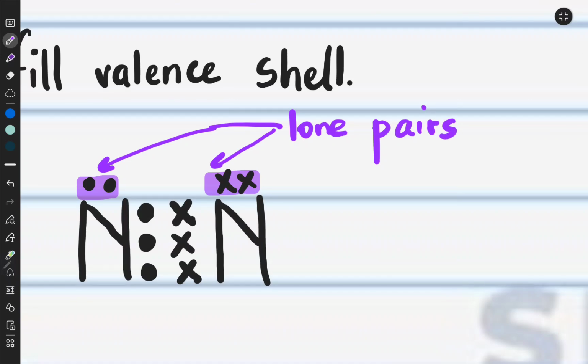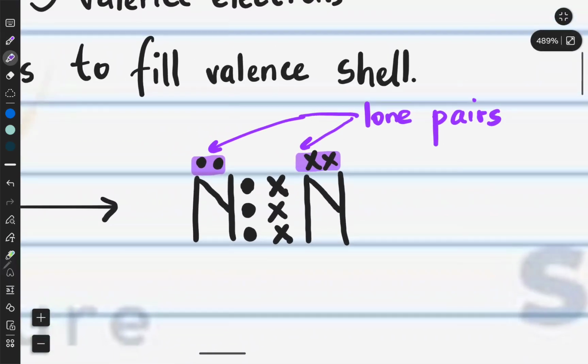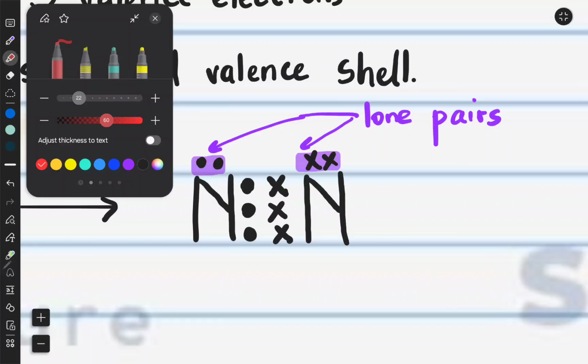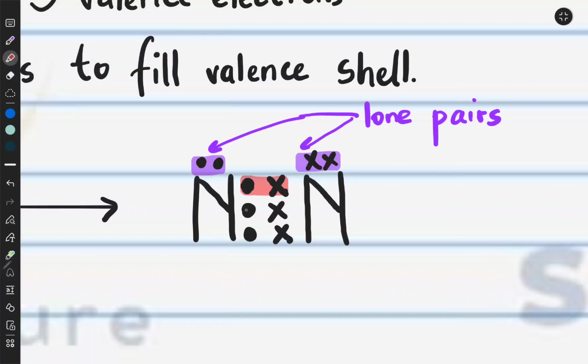But how many bonding pairs do we have? If you check, 3 electrons had to make a pair, 1, 2, 3, from both sides of the nitrogen. Nitrogen 1 had to offer its 3 single electrons.